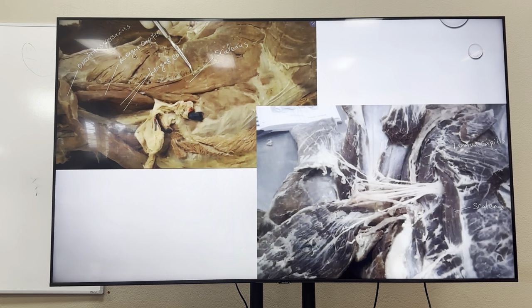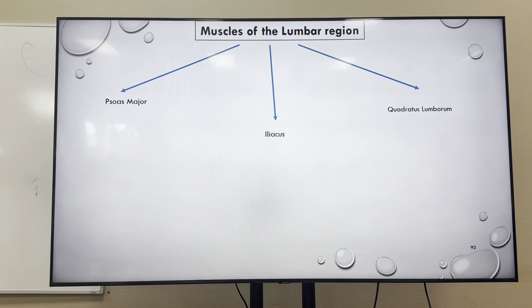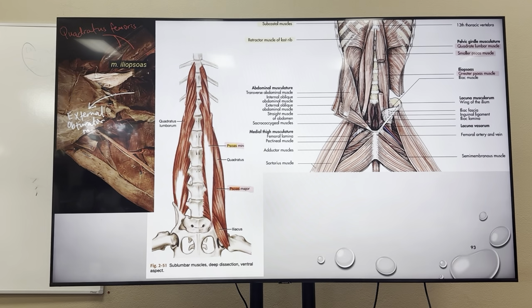So it is related to the esophagus. So these are the other muscles, the psoas major, iliacus, quadratus lumborum. I believe that we have seen the iliopsoas to a little extent when we were talking about the femoral nerve.